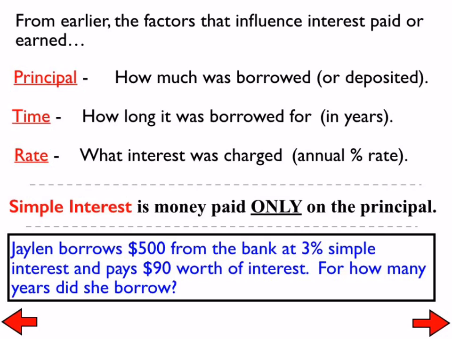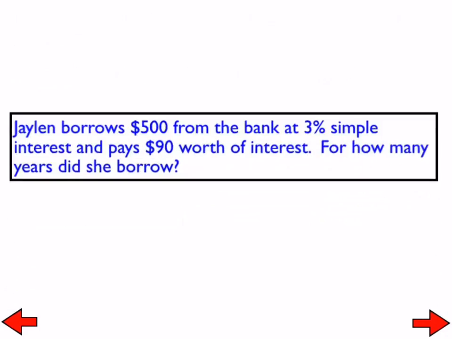Now we've got a slight problem. The idea of the proportional relationship doesn't work nicely for us because we now have everything involved within this problem. We're not just finding the amount of interest. We're given the amount of interest, and we have to figure out how many years that's going to take.